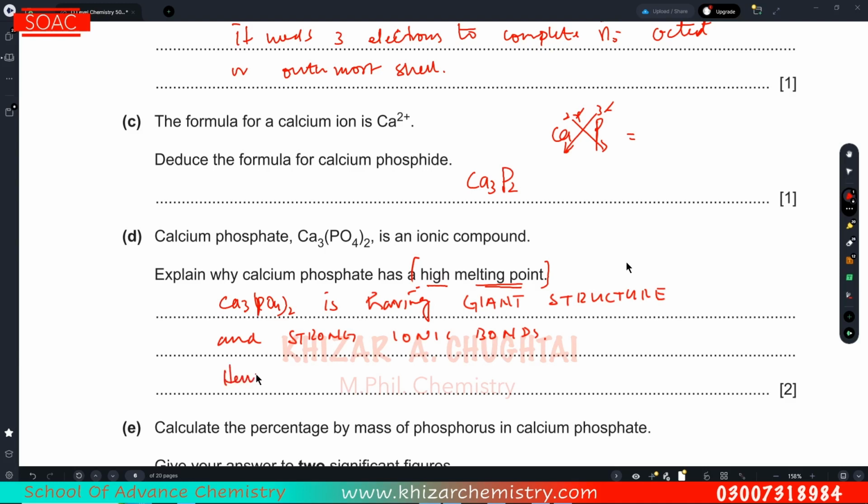Hence, more heat is required to separate these ions.